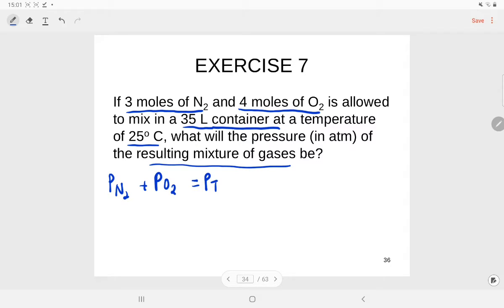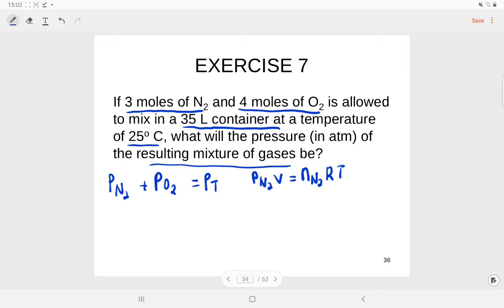So the formula you should use is, for example, P nitrogen times the volume of the vessel equals the number of moles of N2 multiplied by the ideal gas constant and the temperature, which you already convert into Kelvin.